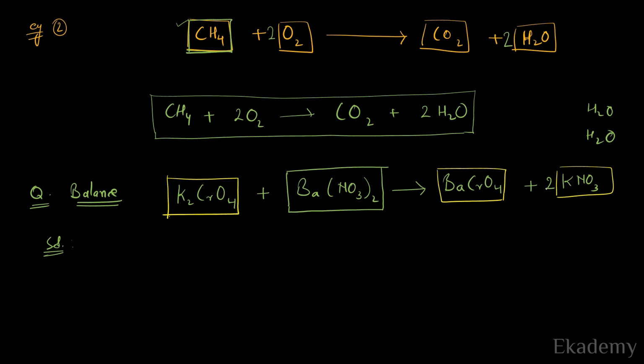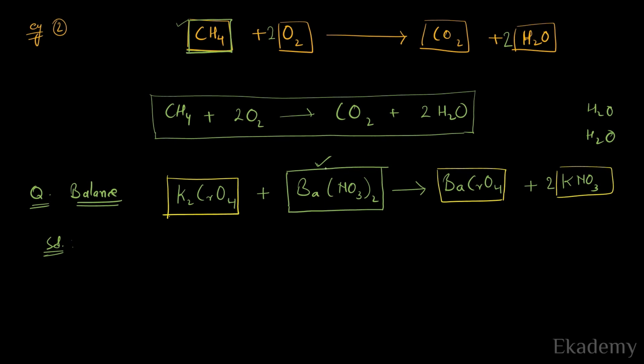So 6 plus 4, 10 this side, and on the other side we have 6, and also 4 oxygen. So there are 10 oxygen atoms this side. So oxygen is already balanced. 6 plus 4 in reactant side, and 6 plus 4 this side. So overall 10 oxygen atoms and 10 oxygen atoms, both sides balanced. So all the atoms of this compound are now balanced.